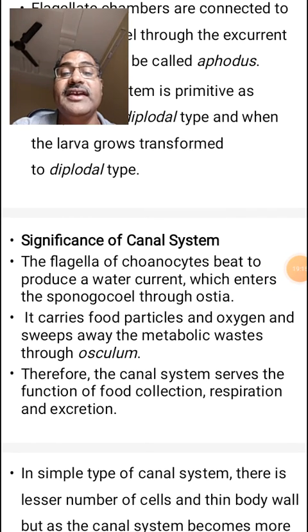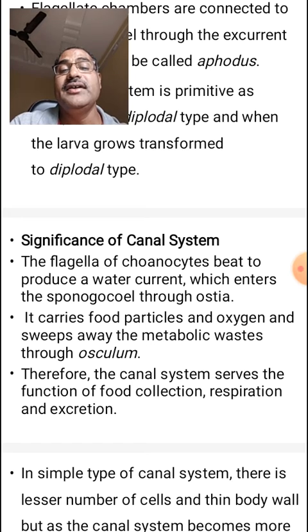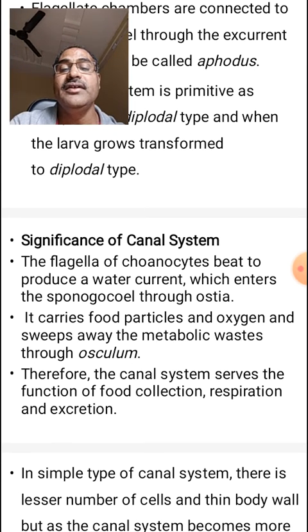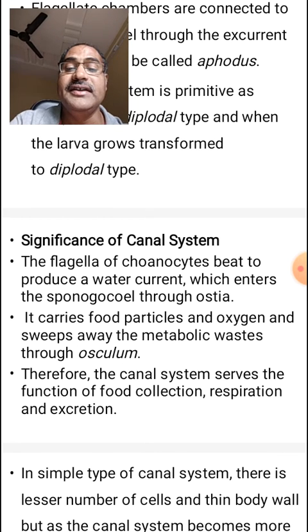I repeat once again. The flagella of choanocytes beat to produce the water current which enters into the spongiocele through the ostia. It carries the food particles and oxygen and sweeps away the metabolic waste through the osculum.